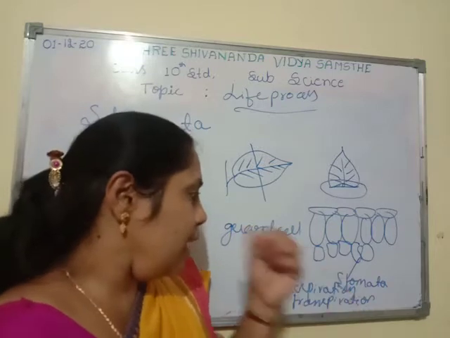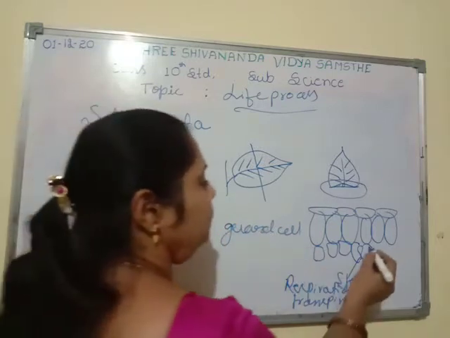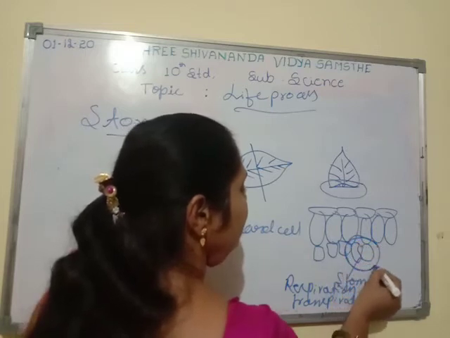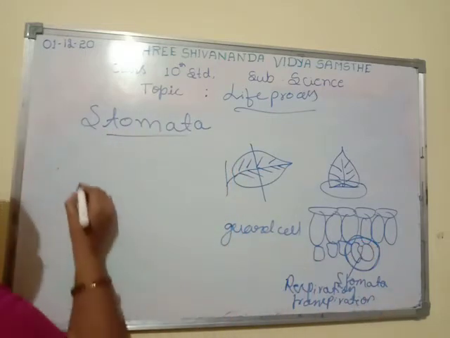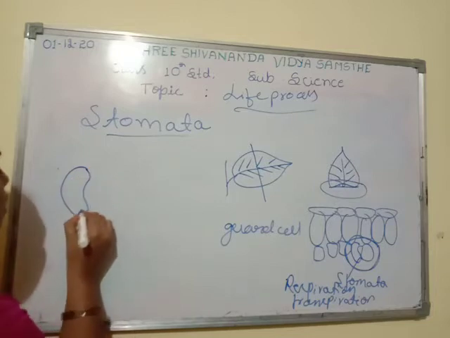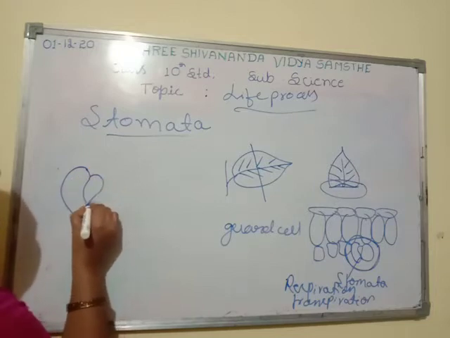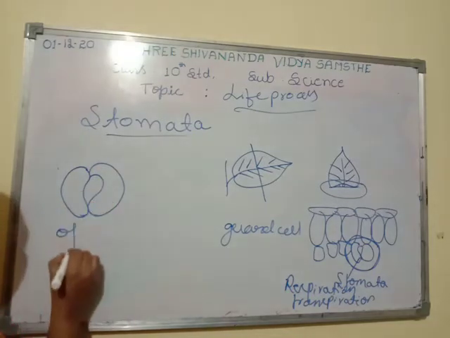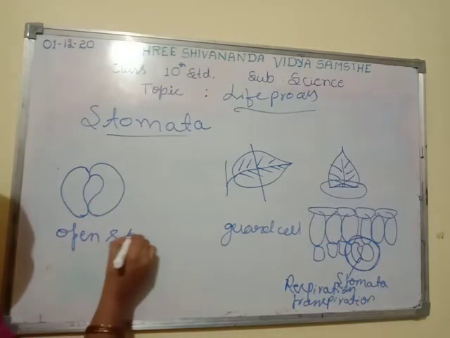If you see this minute pore under the microscope, we can see it like this. This is a neat structure of the stomata. This is known as open stomata.